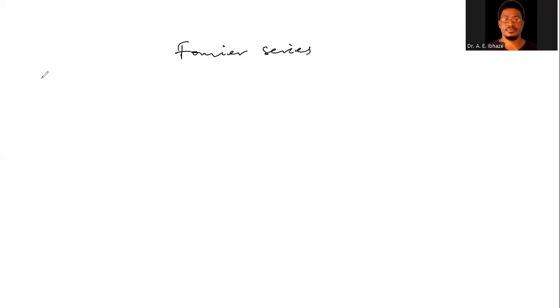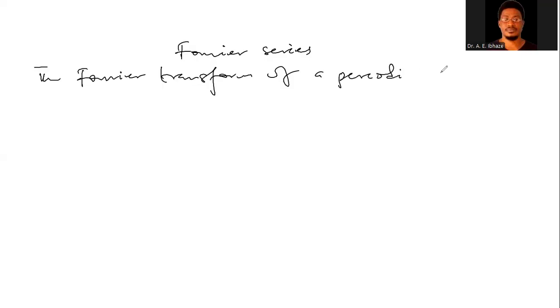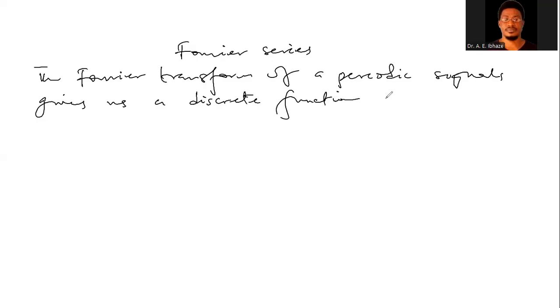So when I say that the Fourier transform of a periodic signal gives us a discrete function known as the Fourier series. Okay.